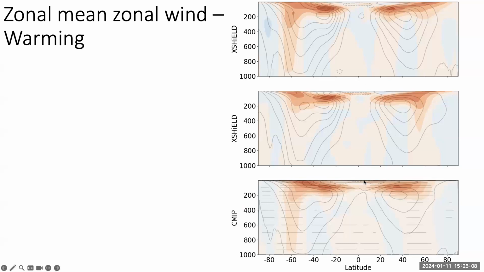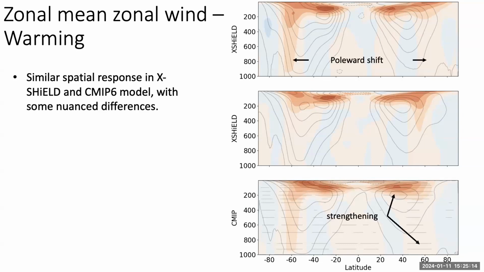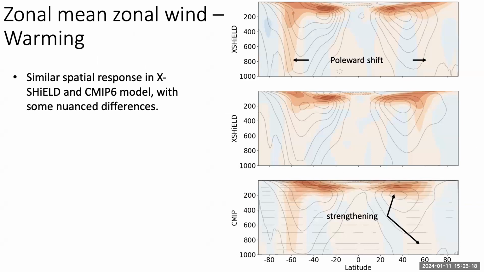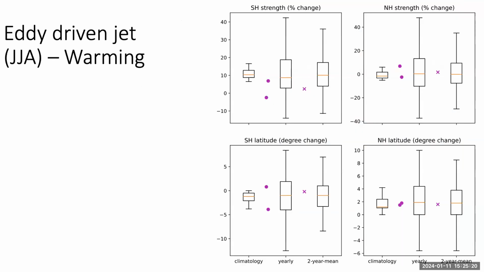Now we can do a similar thing for the zonal mean zonal winds. Again, qualitatively, they look similar, like a similar change. We have a strengthening of the jet, we have a poleward shift of the eddy-driven jet. I'm doing the same analysis here, and basically I'm seeing that it's again within the range.